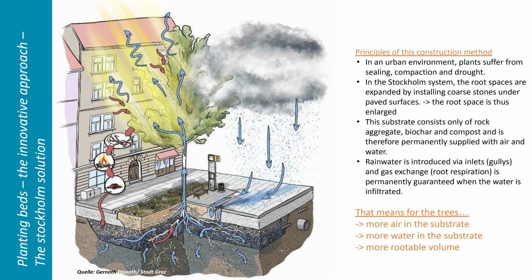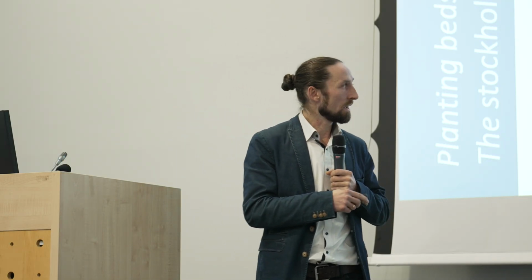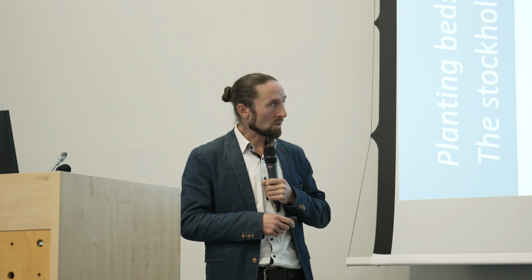So now in these really dense urban areas, we started in 2017 with the so-called Stockholm solution, because the colleagues from Stockholm, Sweden, invented it. The idea is for where you don't have a lot of area where the tree has a rootable volume.